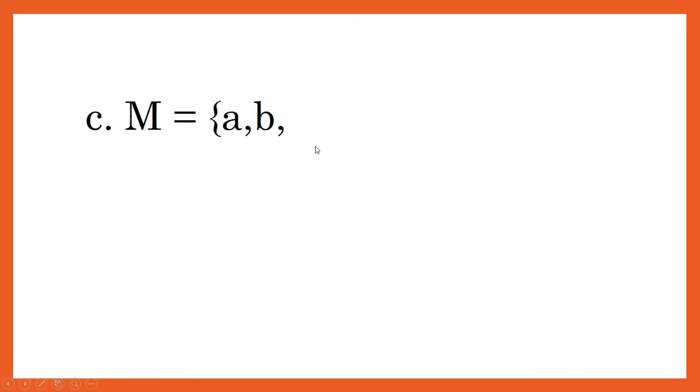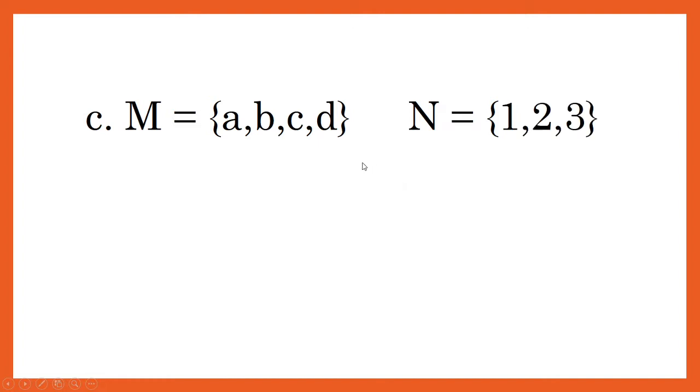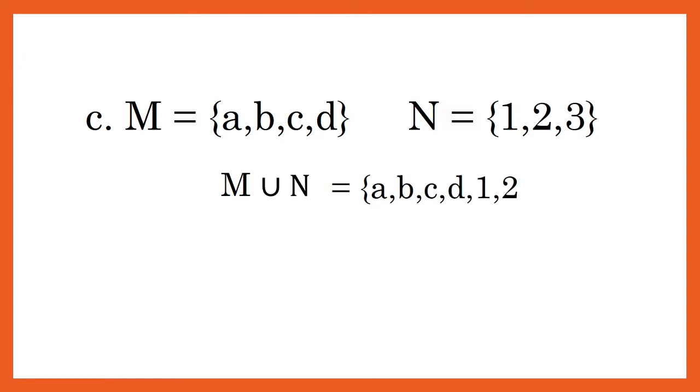Next example. The elements of M are A, B, C, D, while the elements of N are 1, 2, 3. So the union of M and N is A, B, C, D, 1, 2, 3. While for the intersection of M and N, do you see common elements between M and N?